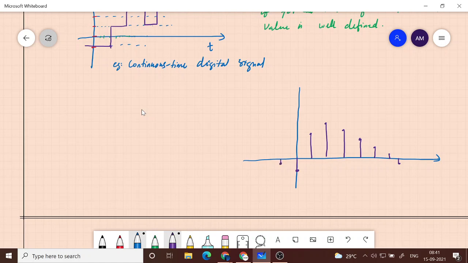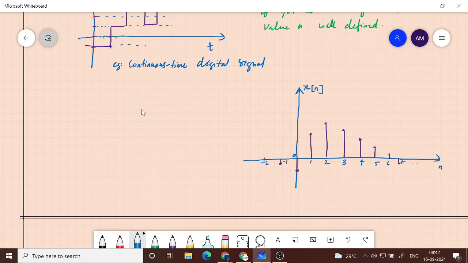Okay, so here I have an index. I usually represent it with a square bracket. Whenever we represent a discrete time signal, I use a square bracket and the index is n. So n can take values 0, 1, 2, 3, 4, 5, 6, 7, etc. And this is minus 1, and then minus 2, etc.